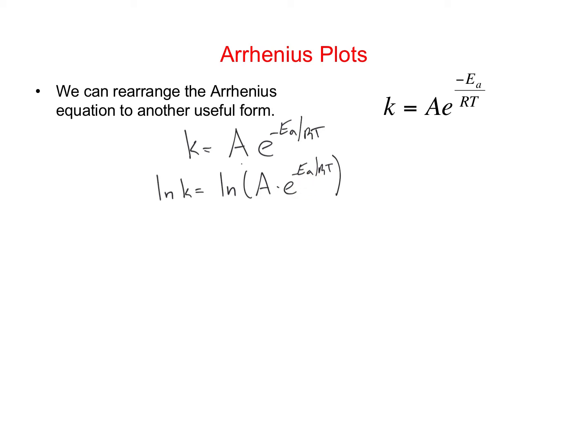What that allows me to do is to rewrite that right-hand side. So let me write the left-hand side there. And then the right-hand side becomes the natural log of A plus the natural log of e to the minus Ea over RT.